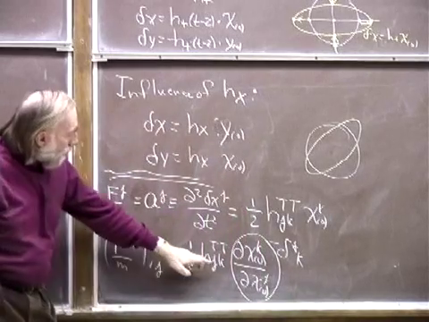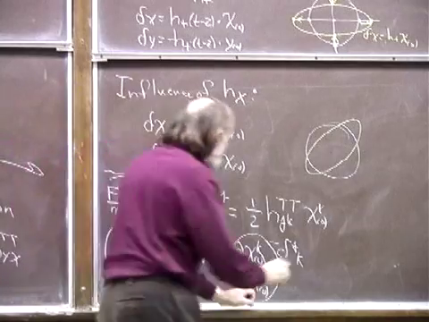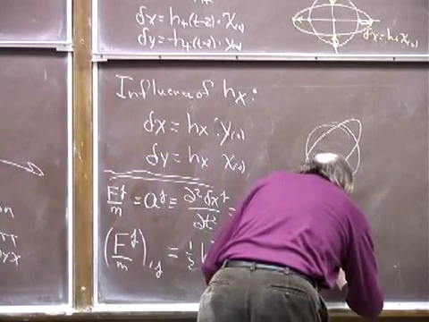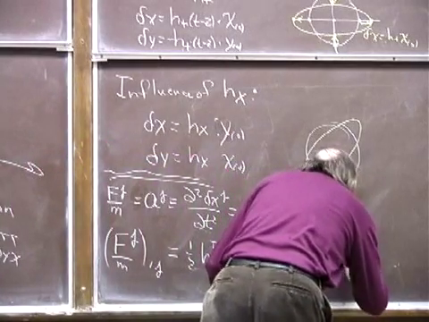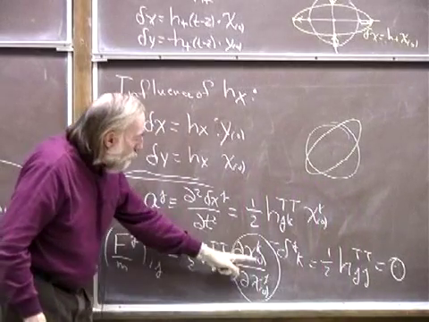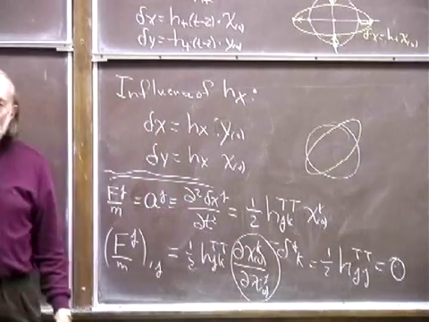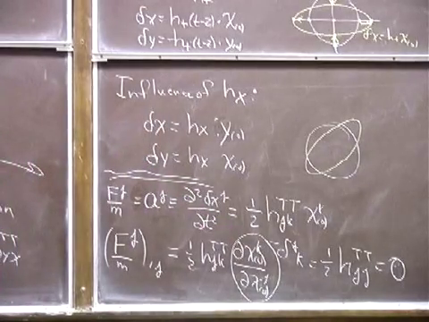And that Kronecker delta just takes the trace of h. The trace is 0. Remember, I'm happily, cavalierly moving indices up and down because I'm in a Cartesian coordinate system. Okay.